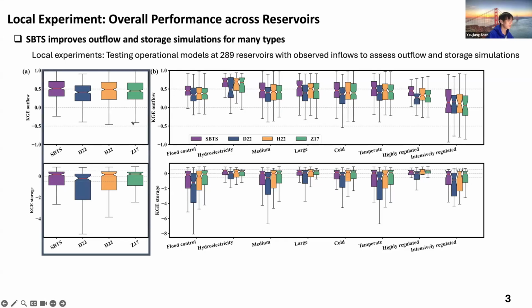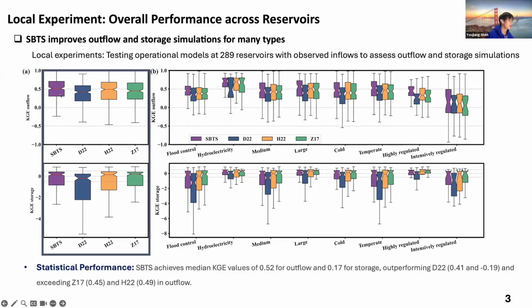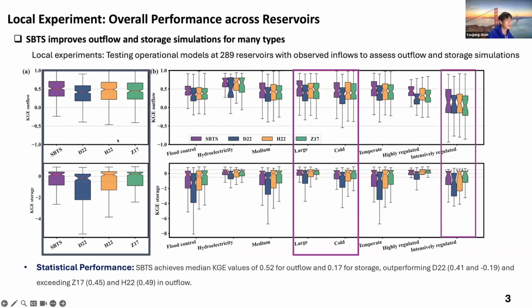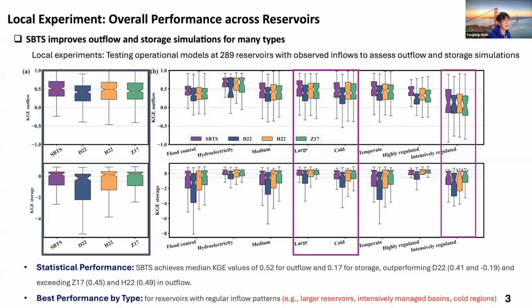You can see overall, it achieves a median KGE value for outflow of about 0.5, and for storage 0.17, and it's good compared to the others. And if we look at it more specifically, we found that for large and cold ones, those reservoirs that are intensively regulated, it has better performance. And I guess it is reasonable because those have more irregular inflow patterns.